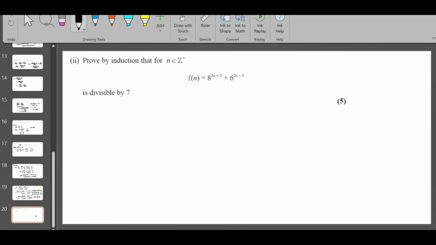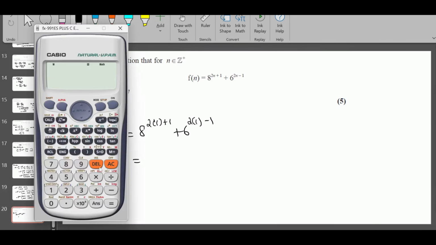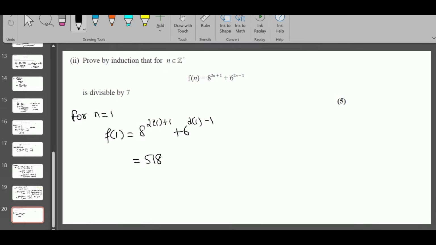Prove by induction that this expression is divisible by 7. Same as before, we need to prove it for n is equal to 1. For n is equal to 1, f of 1 is 8 power 2 times 1 plus 1, plus 6 power 2 times 1 minus 1, which is 8 cubed plus 6. 8 cubed is 512, plus 6 is 518.